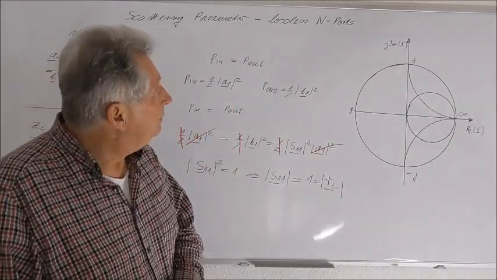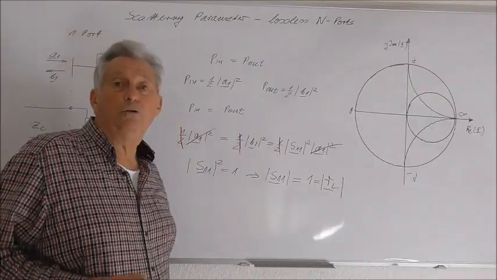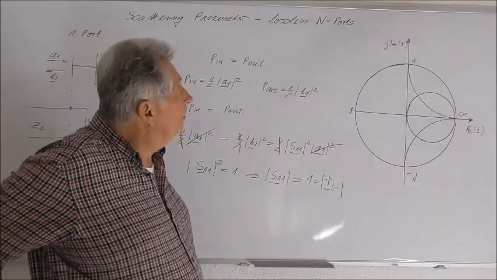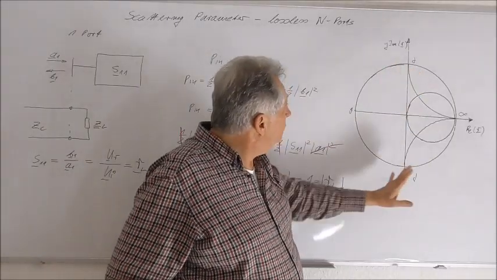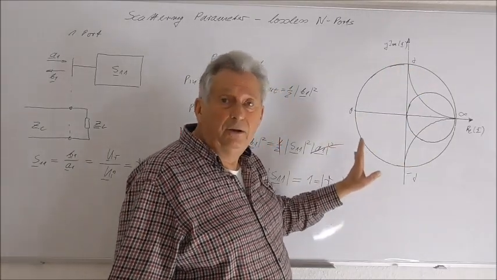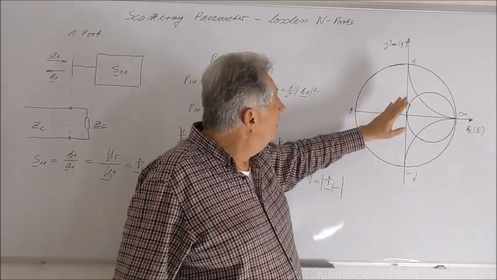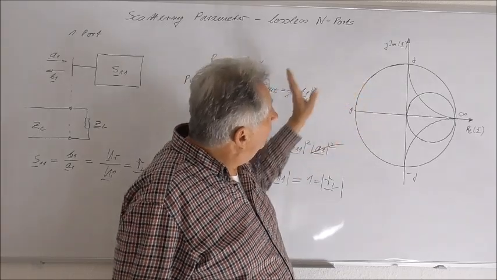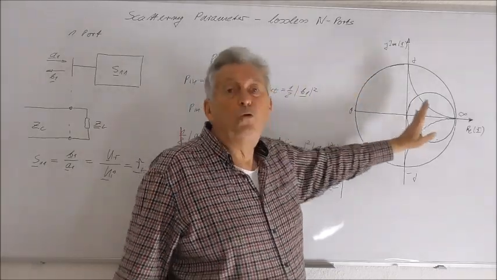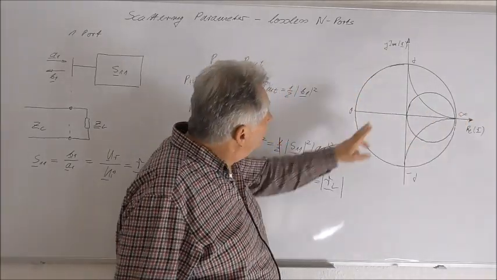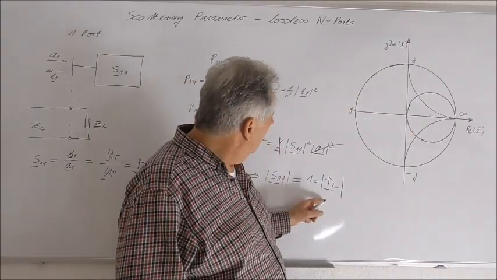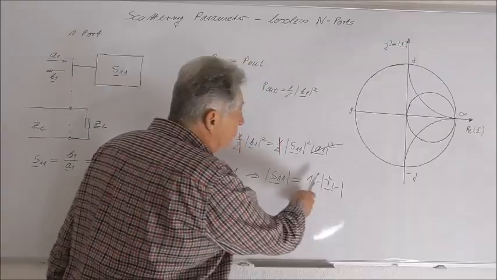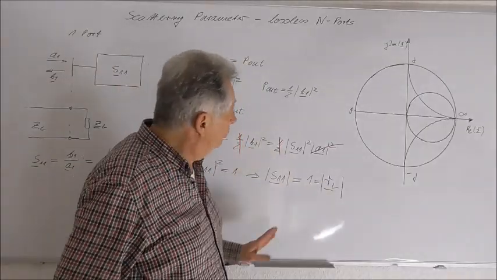And of course we discussed the reflection coefficient also using our Smith chart. So here I sketched a Smith chart, and we know that the Smith chart is given by the mapping of the normalized z-plane onto the Γ-plane. So now the question arises, where do all the reflection coefficients lie with the absolute value 1?